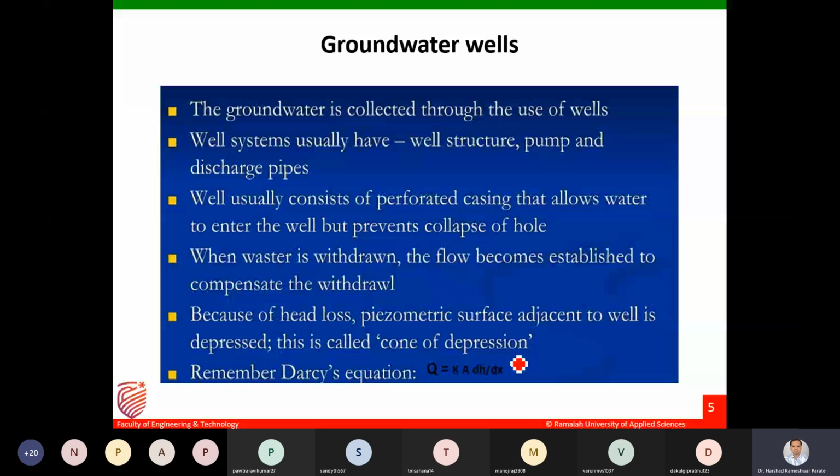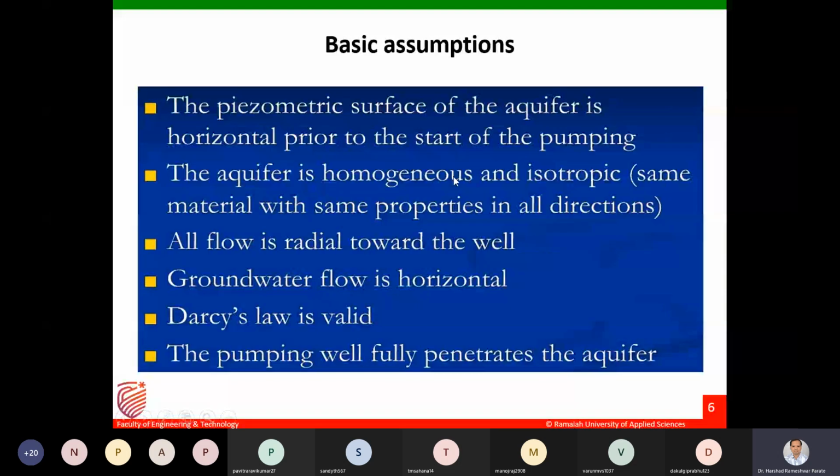What are the basic assumptions in well hydraulics? The piezometric surface of the aquifer is horizontal prior to the start of pumping. That means the water level in the bore well is perfectly horizontal before pumping. The aquifer is homogeneous and isotropic, so it consists of the same material and has the same properties in all directions. All flow is radial towards the well.